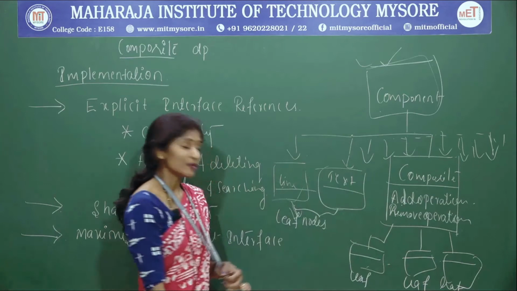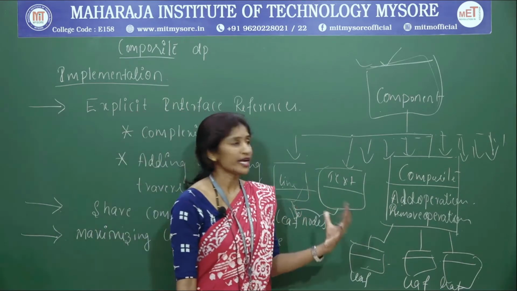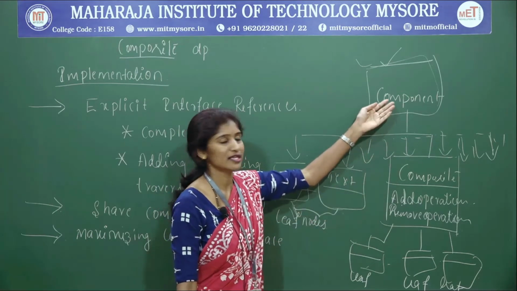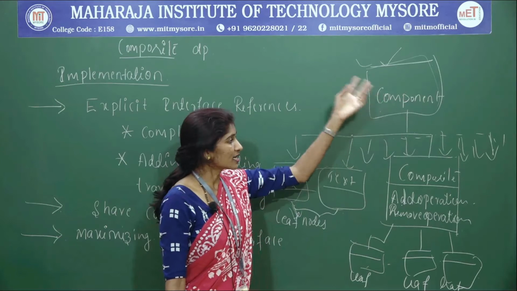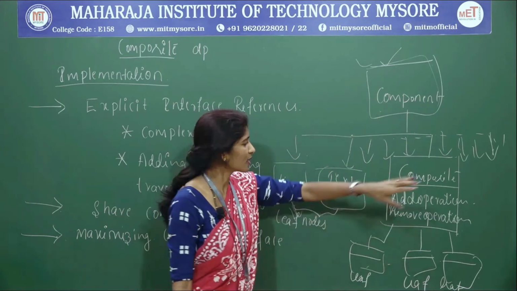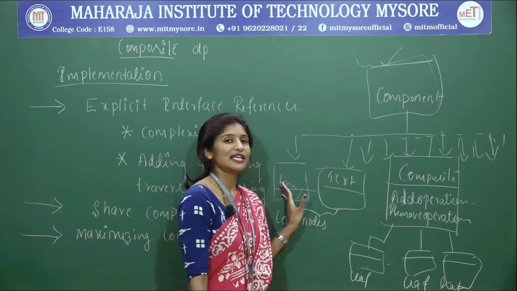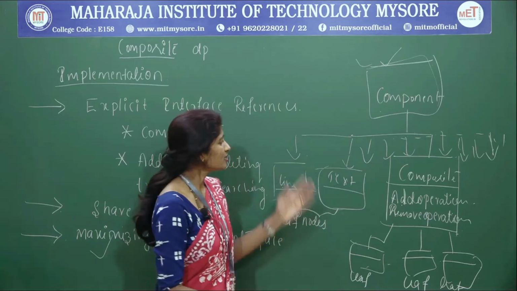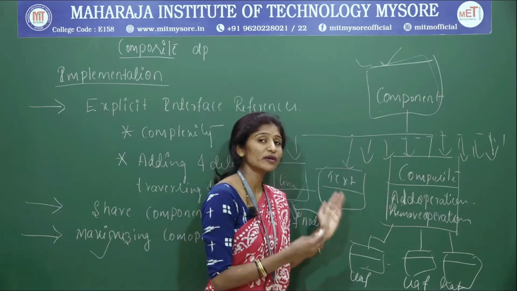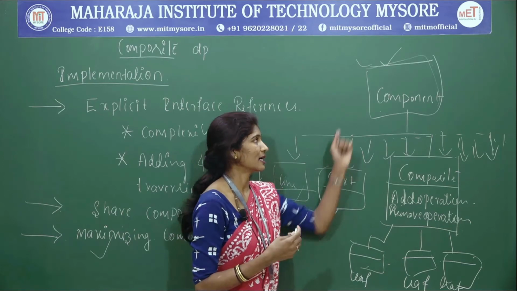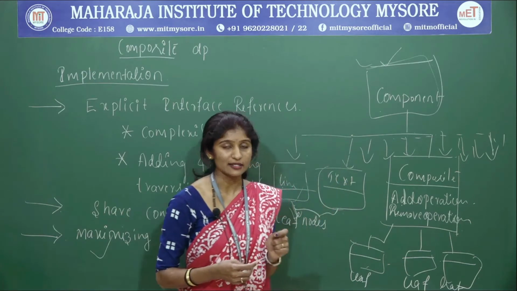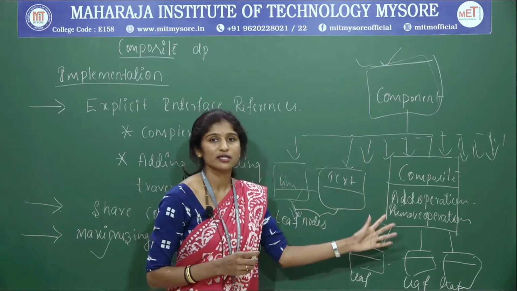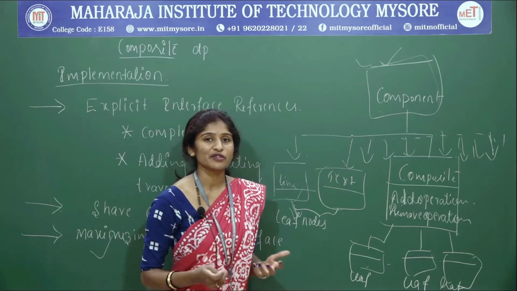So if you provide more interfaces, and more classes implement the abstract thing present in the component, the client may not find a difference between the composite class and the leaf classes. That is what this point is stressing. When more classes implement the abstract operations present in the component class, the client accessing the leaf node or the composite class may not find any difference between these two.